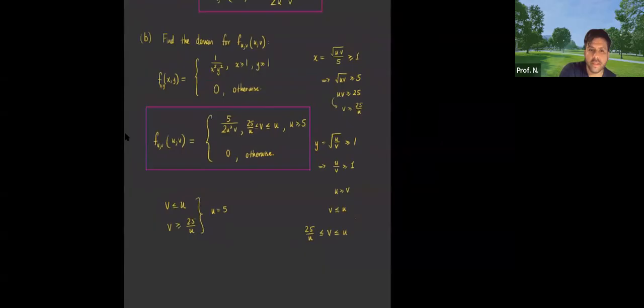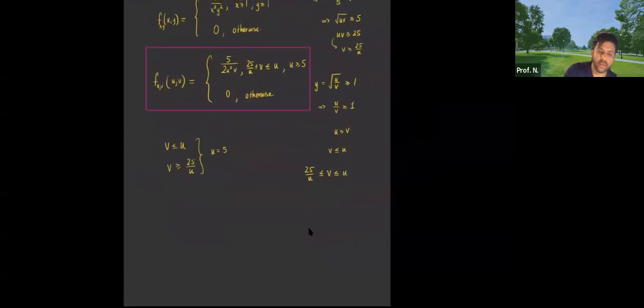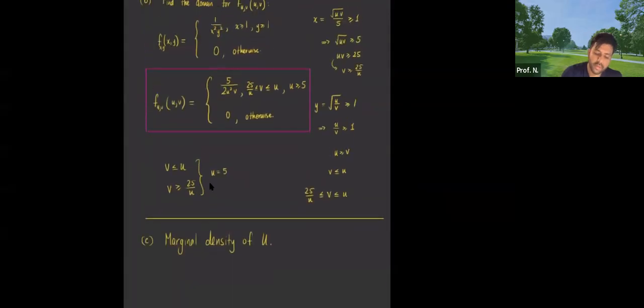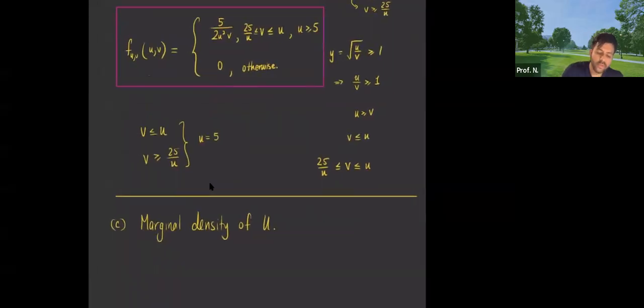Okay, so then the next thing is what would be the marginal density of u? Let's say I want to find the marginal density and I'm given this joint distribution. How would I find the marginal density?